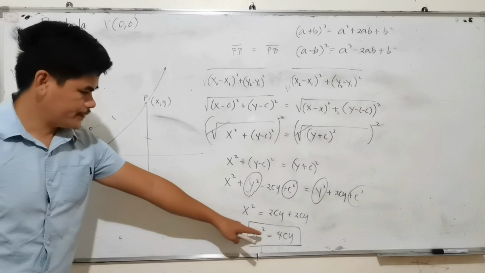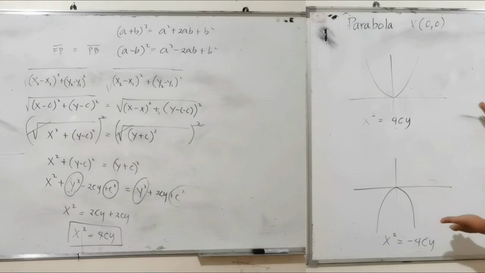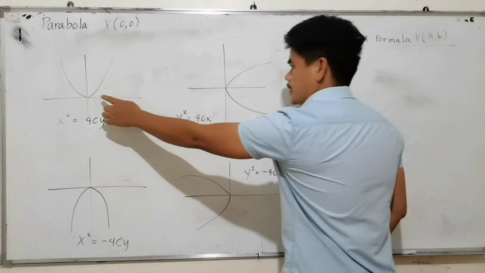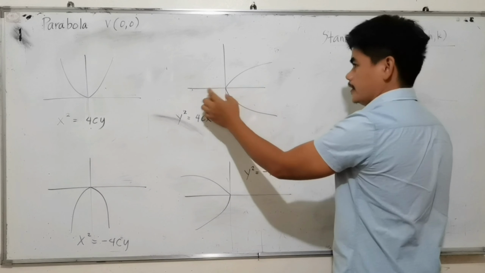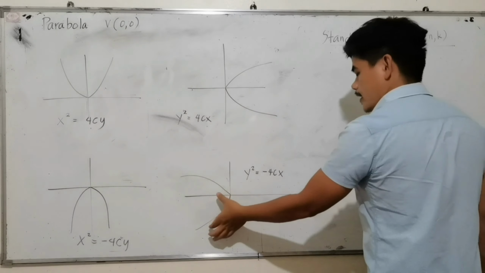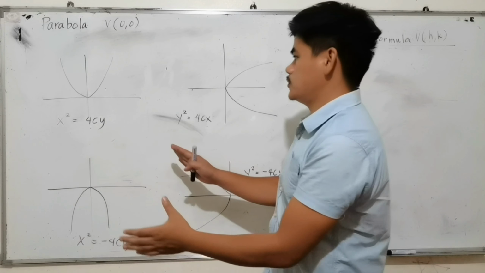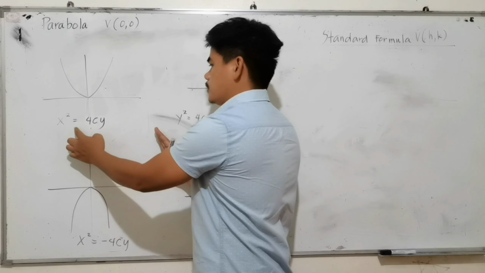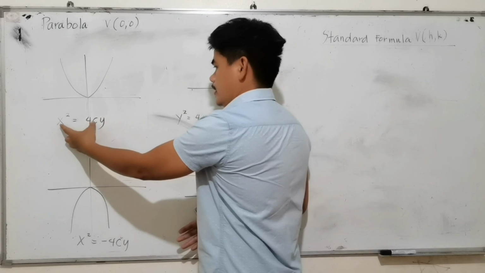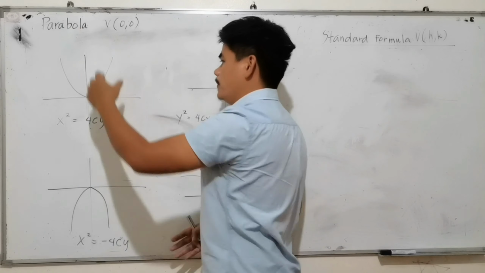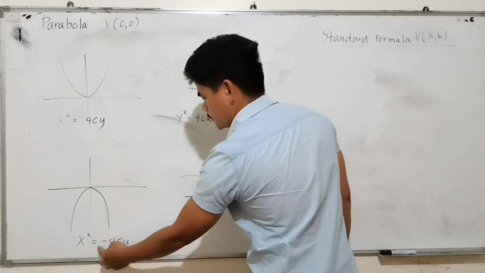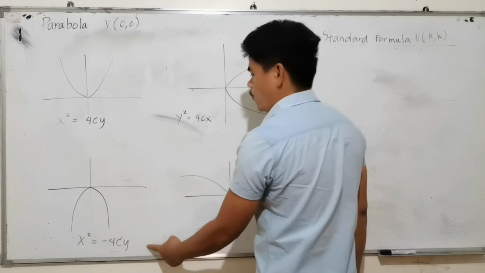We have x squared equals 4cy for a parabola whose vertex is at (0, 0) and opens upward. The graph can also open downward, to the right, and to the left. Take note, the equation is x squared equals 4cy as we discussed earlier if the graph is opening upward. If opening downward, that is x squared equals negative 4cy.